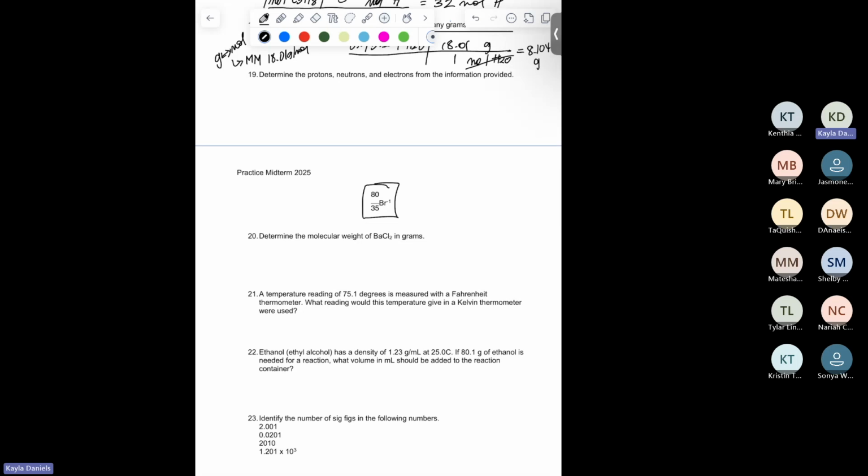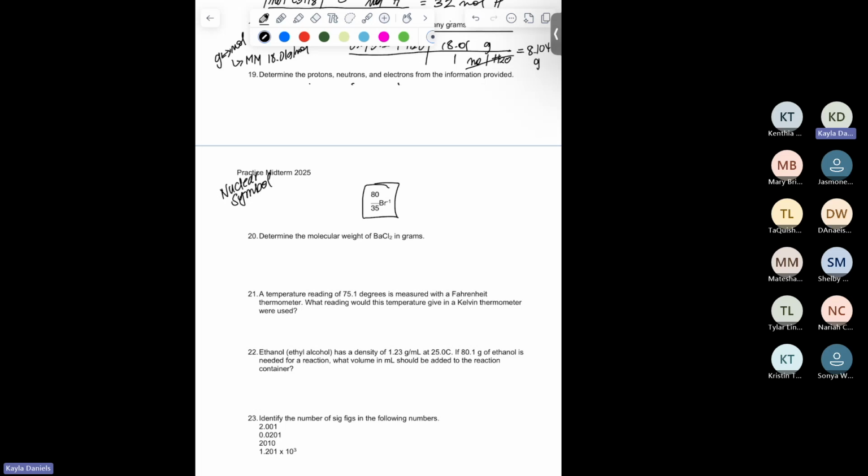We have our nuclear symbol. This is what this was called. From our nuclear symbol we can determine protons, neutrons, and electrons.